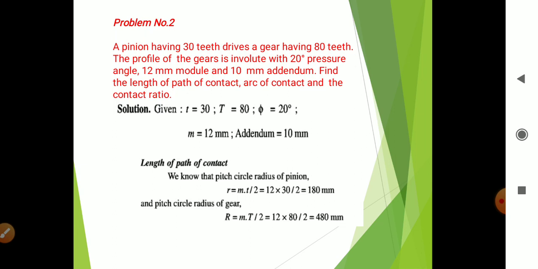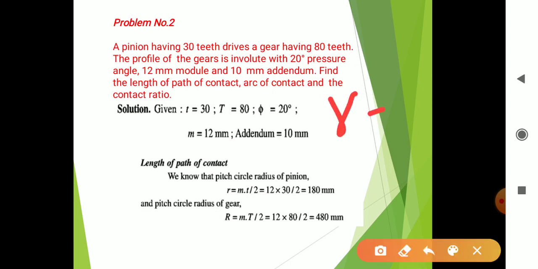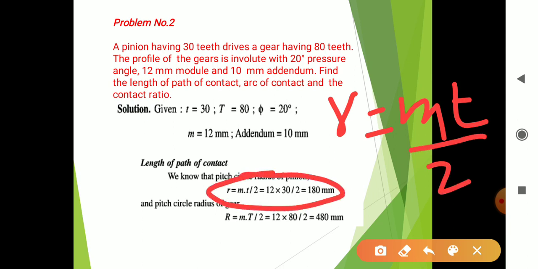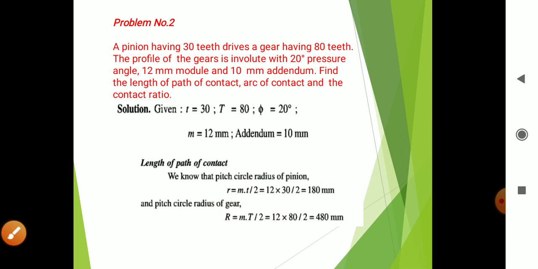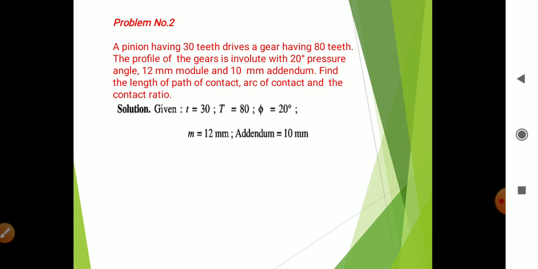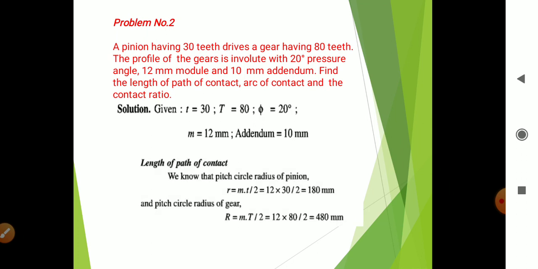In the previous problem we already saw that small r is equal to m into t divided by 2. Put the value of m, that is 12, into small t, that is 30, divided by 2. By calculation we get r equal to 180.